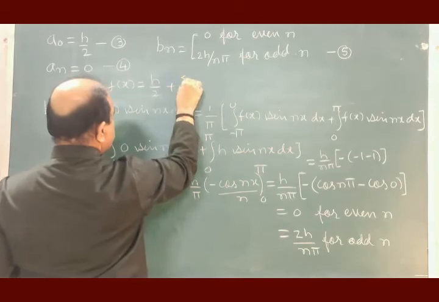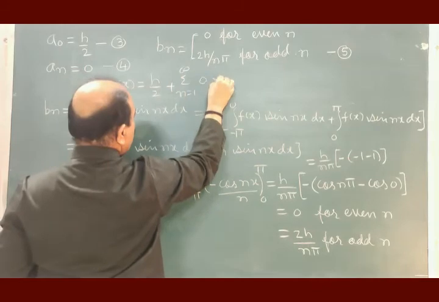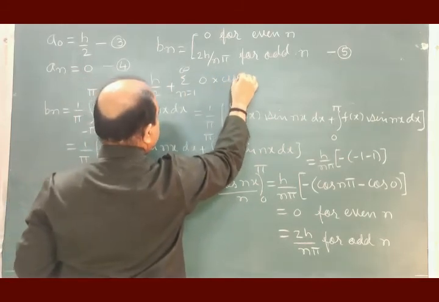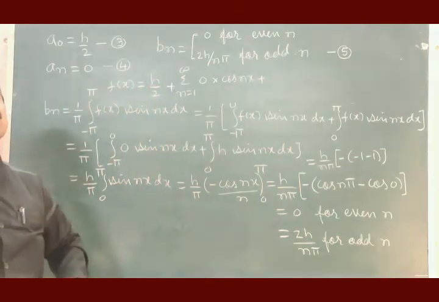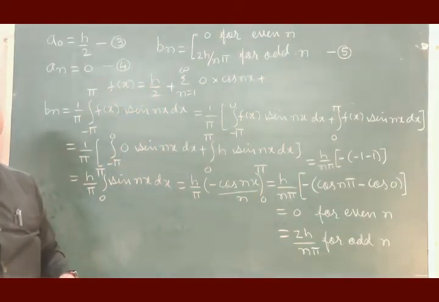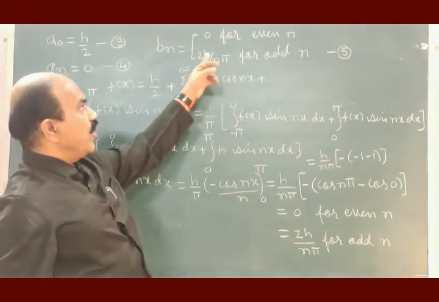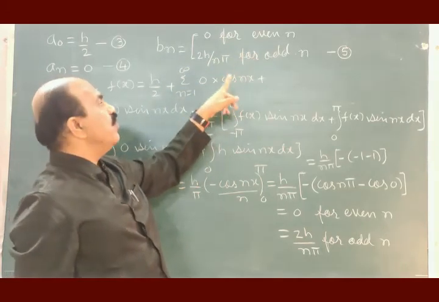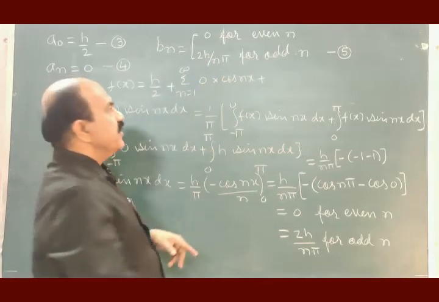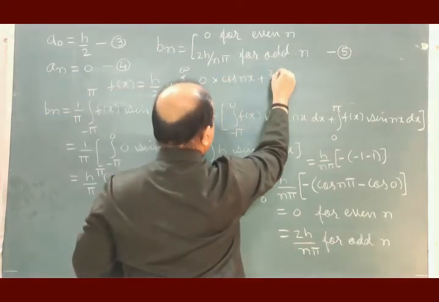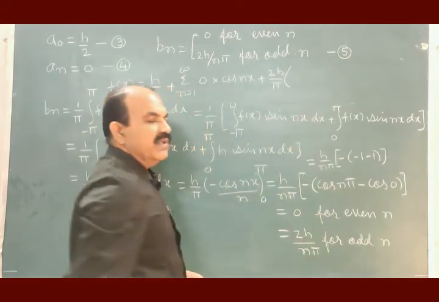Or let me write summation of n is equal to 1 to infinity 0 into cos nx plus summation of n is equal to 1 to infinity Bn sin nx. What is Bn? For all even n it is 0. For all odd n it is 2h by n pi. So, let me write here 2h divided by pi as common.